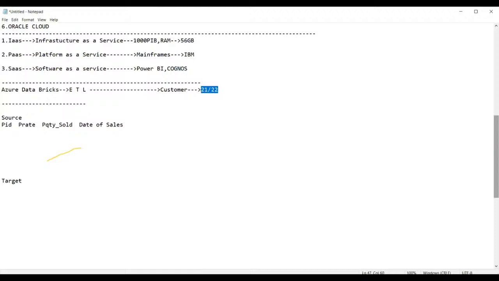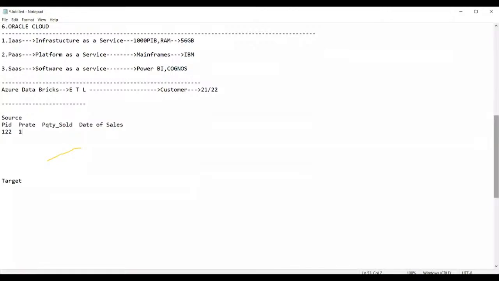So guys, first of all, to know this query or to report the same to the customer, what do you require? You require the source, consisting of the following information: product ID, product rate, product quantity sold, date of sales. Let us give the product IDs something like this.